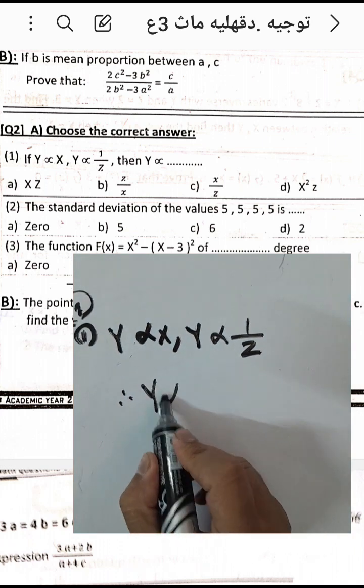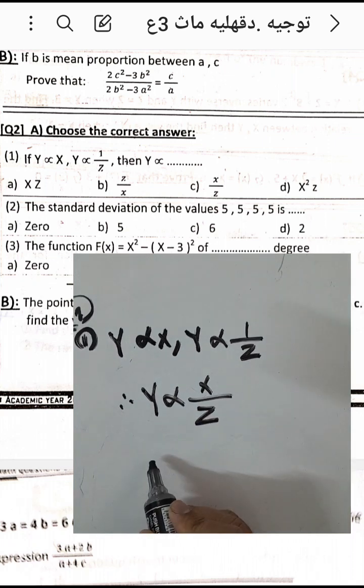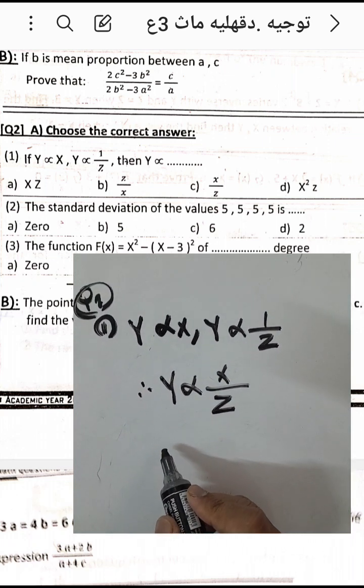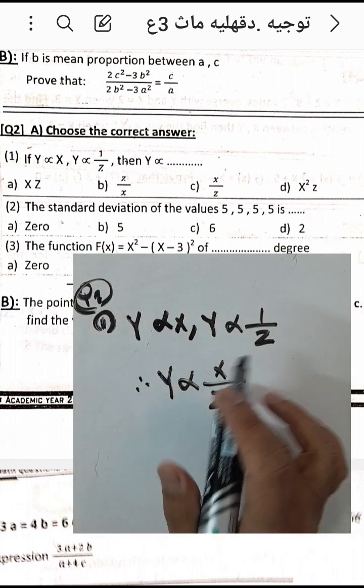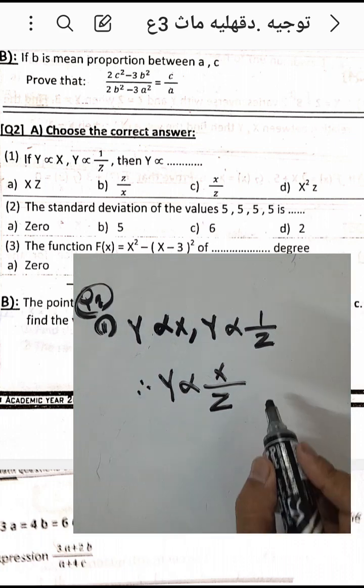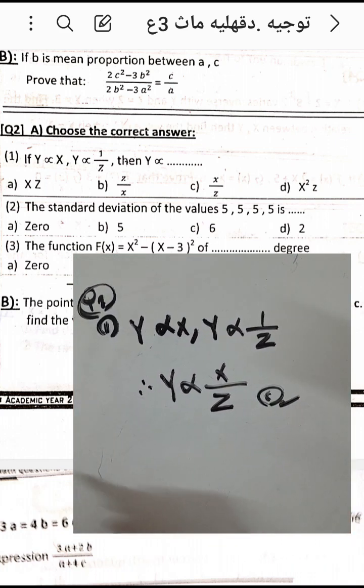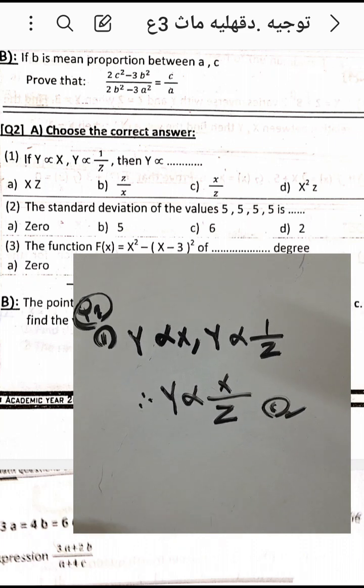Y has a relation with x directly and inverse with z. Okay, so y varies directly with x over z, choose letter C. Next question. Number 2.